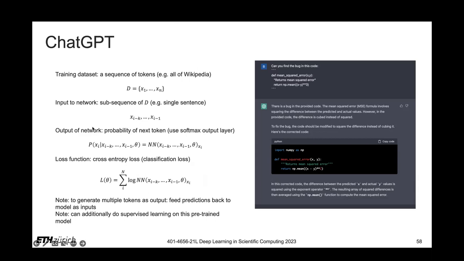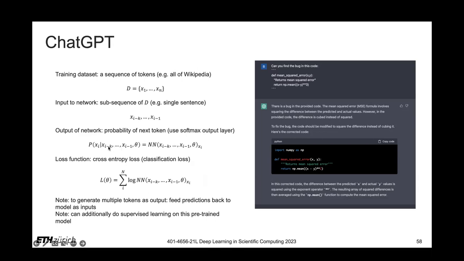Okay, and then what do we want the network to output? The output is just going to predict the probability of the next token given this sequence. So it's an autoregressive task, predicting the next value based on the input. I'm going to say the probability of that next token is just given by the output of the neural network. The output of the network would be one massive vector, where each element represents a token, and it tells you the probability that that token is the next in the sequence.